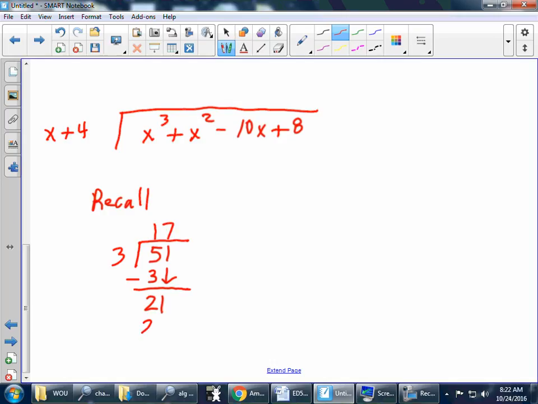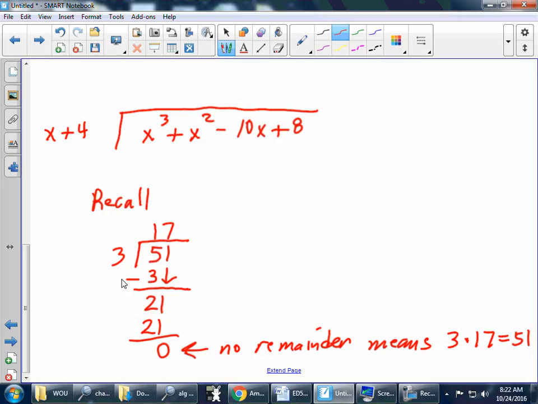And then we're at 21. You draw a line, you get a 0. There's no remainder. Which means what? It means 3 times 17 equals 51. All true?